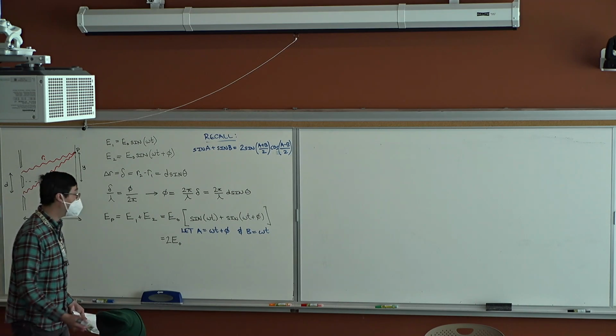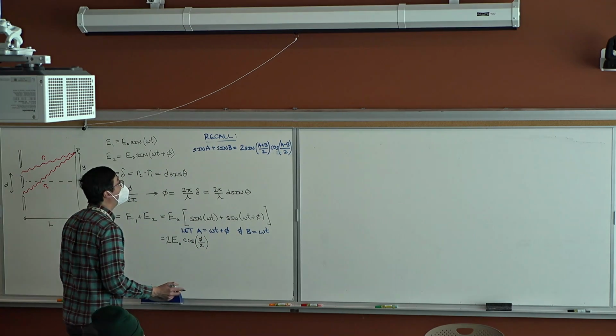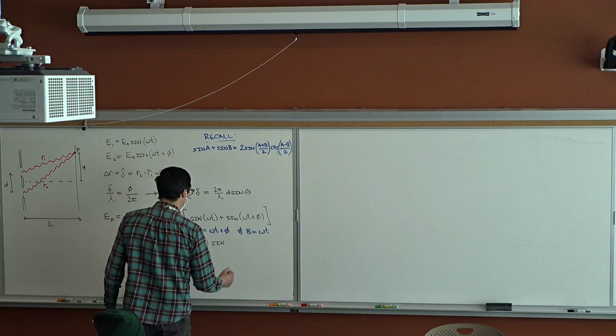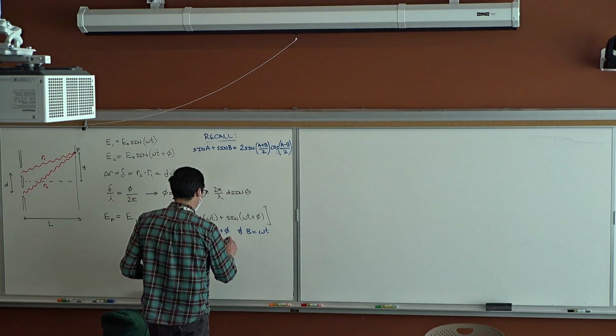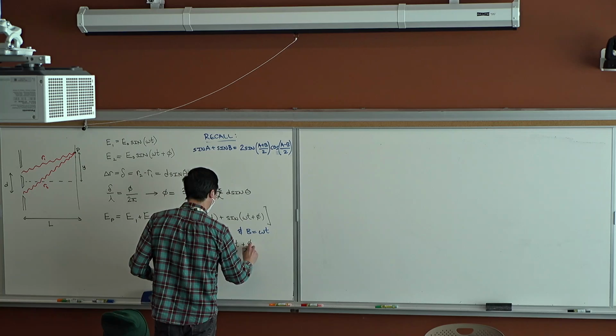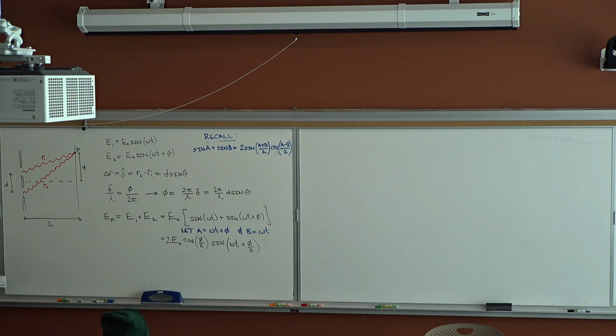B. So cosine of B over 2 times sine of what? Omega t plus phi divided by 2. True story. Yay.